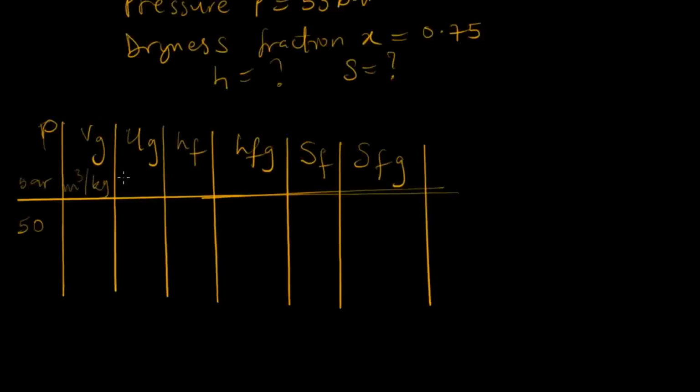This one is in kilojoule per kilogram, same here. Then here is kilojoule per kilogram per Kelvin, because this is entropy per Kelvin. So be mindful of your SI units.